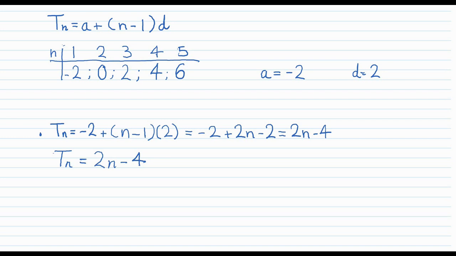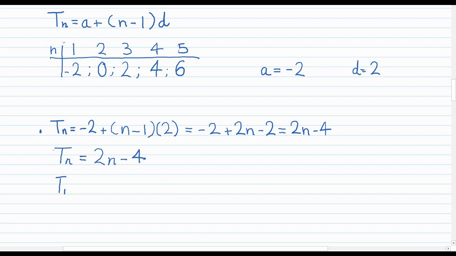And we can use this formula to calculate the value of any term in the sequence as long as we know its position. Let's try it out. For the first term, n is 1. And when we sub this into the above equation, we get a value of -2, which is correct. For the second term, n is equal to 2.